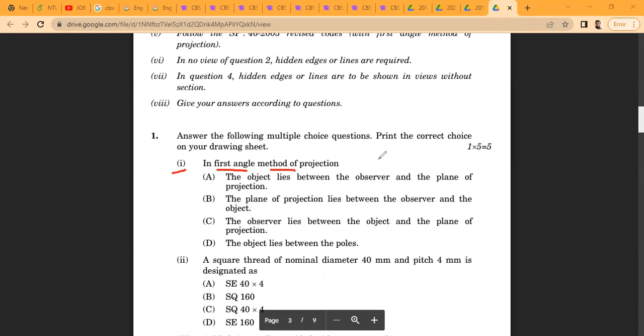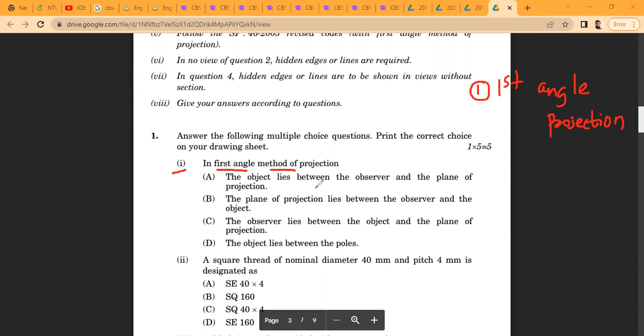Okay, so here in this question, the first thing is the projection type. So first angle projection. So first we have to understand what is first angle projection. What do you mean by first angle projection?